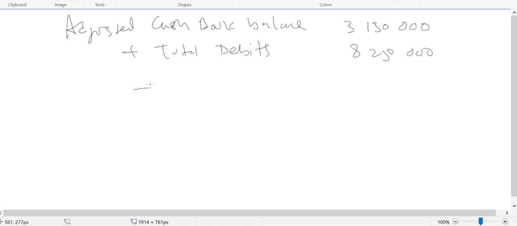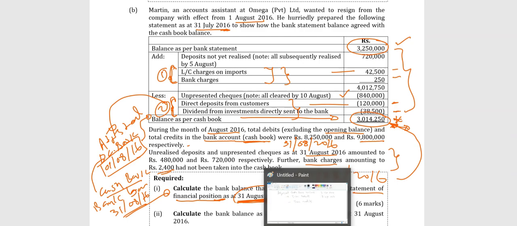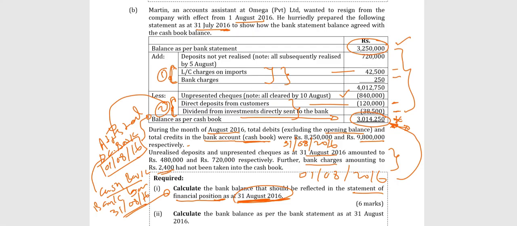8,250,000 minus total credits in the cash book, the bank column of the cash book, 9,800,000. What are the other adjustments that you need to make in order to find out this balance, 31st August 2016 balance?